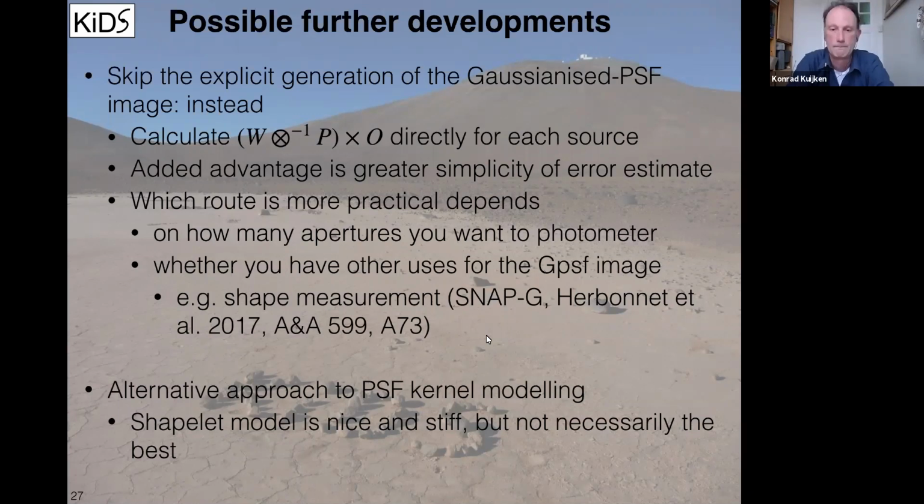Okay, so next up we have Eric Gawiser. Thanks. This is a very nice formalism. I just wanted to ask about the impact of galaxy sizes being a function of wavelength.